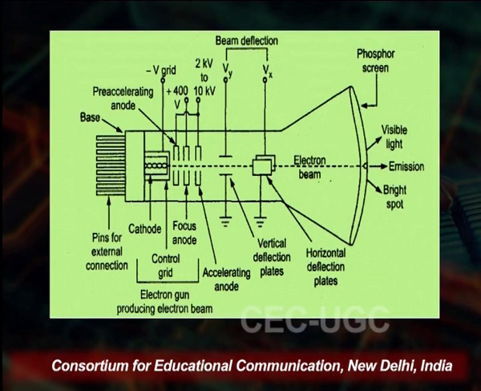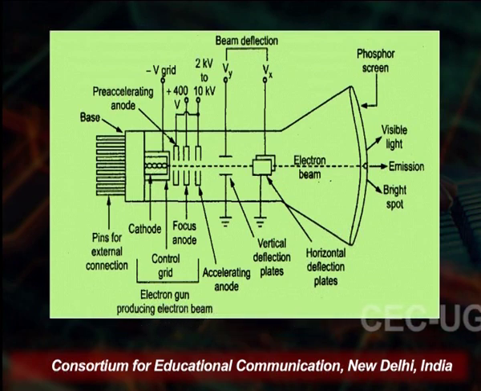On the right-hand side we have the fluorescent screen, where the electron emission takes place and we get a bright, visible spot. So, this is the basic representation or block diagram of the CRT tube.